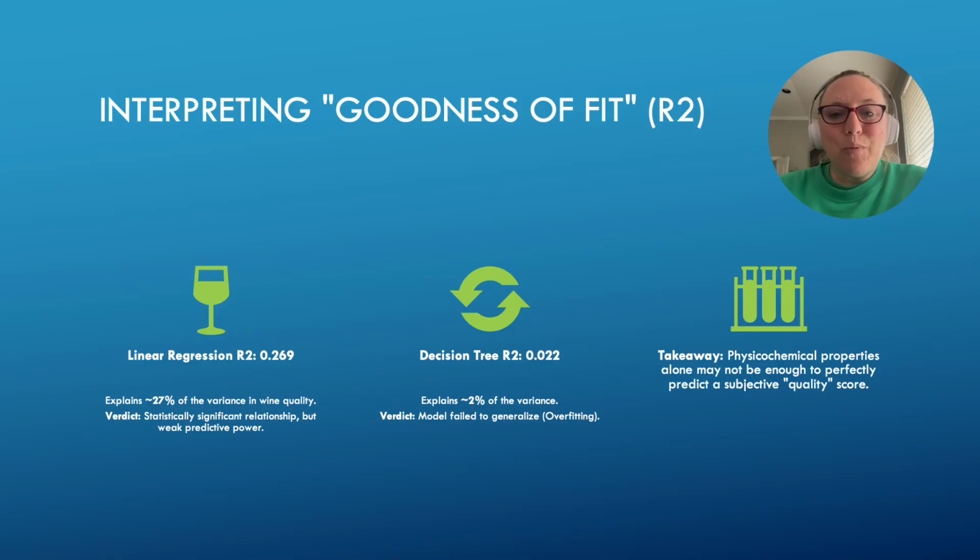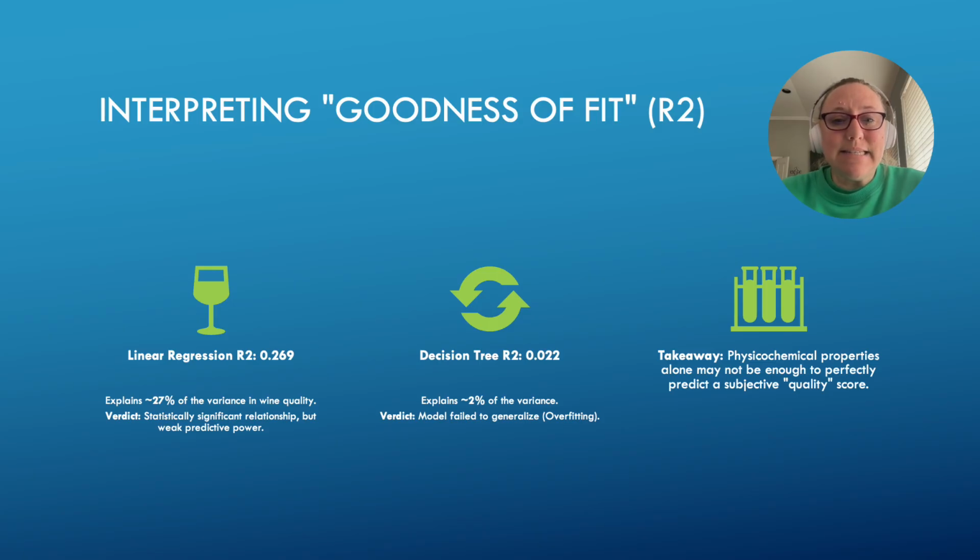I would like to take a brief minute to explain the R-squared metric that we used here. An R-squared result of 0.269 for the linear regression model means that our chemical data explains about 27% of what makes a wine good or bad.